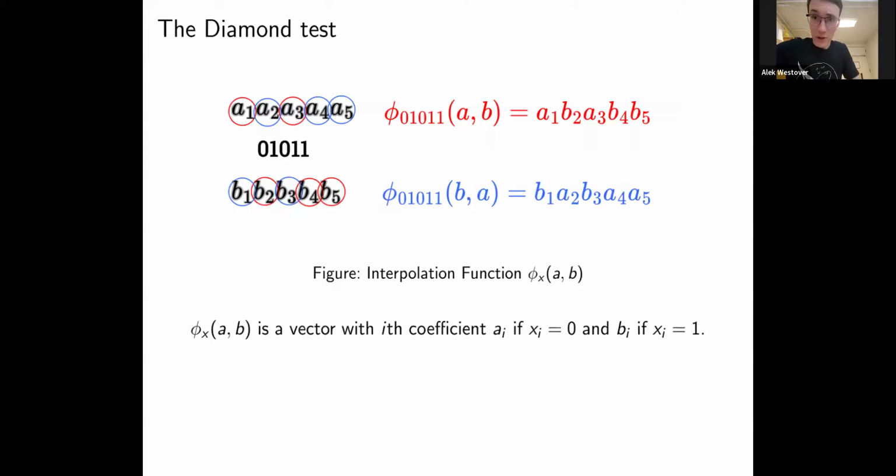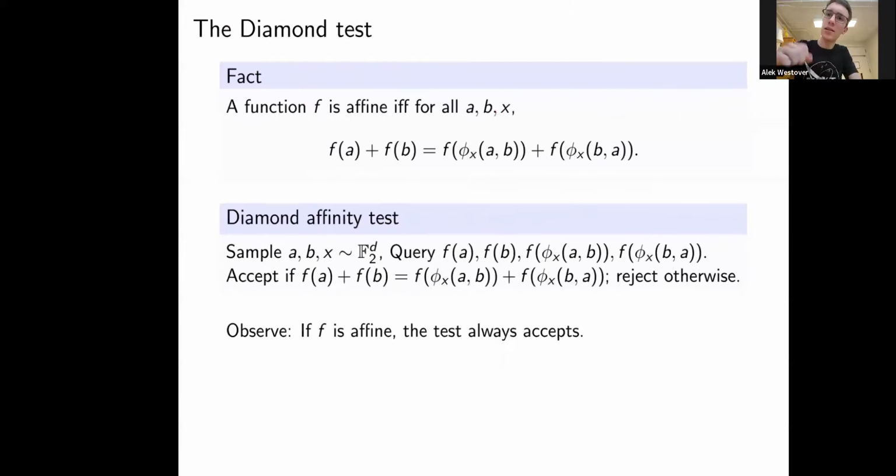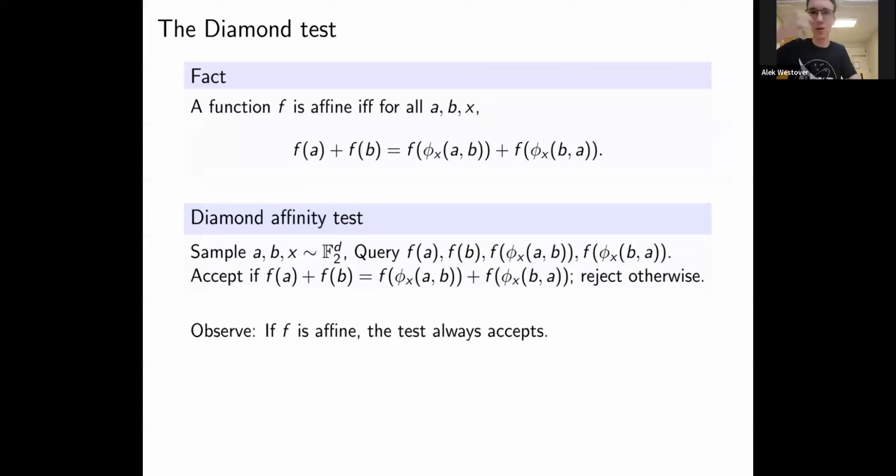Okay, so this is the interpolation function, and the diamond test is going to work as follows. We're going to take random A and B, and then we're going to take a random x, and then we're going to test whether or not f of A plus f of B is the same as f of the interpolation of A and B by x plus the interpolation of B and A by x.